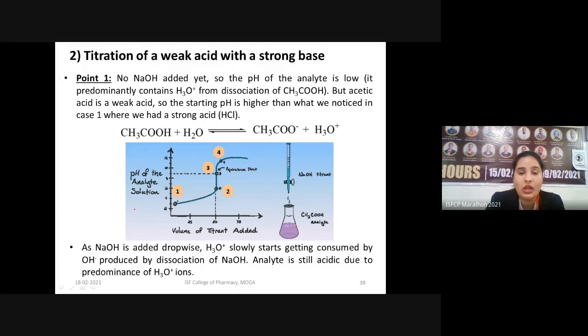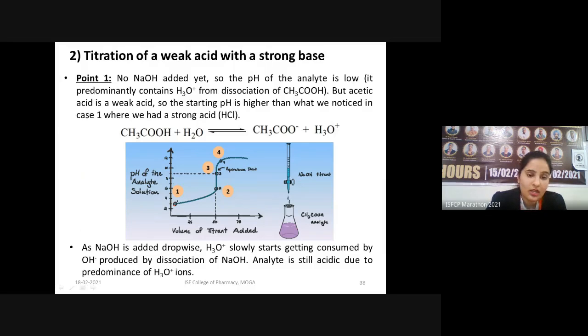Whereas acetic acid is a weak acid, it only partially dissociates into H positive ions and acetate ions. So the number of H positive ions in the solution will be less as compared to the solution which has HCl. So we can say that for the solution containing acetic acid, the pH is going to be slightly more. Okay, now this was point number 1.